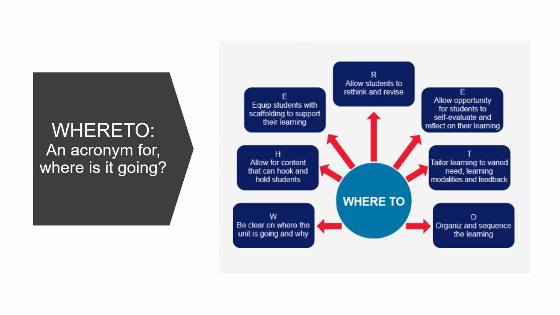WHERETO is an acronym for where is it going? And it stands for W, where and why; H, hook and hold; E, explore, experience, enable, and equip; R, reflect, rethink, revise; E, evaluate; T, tailor and personalize the work; O, organize for optimal effectiveness.